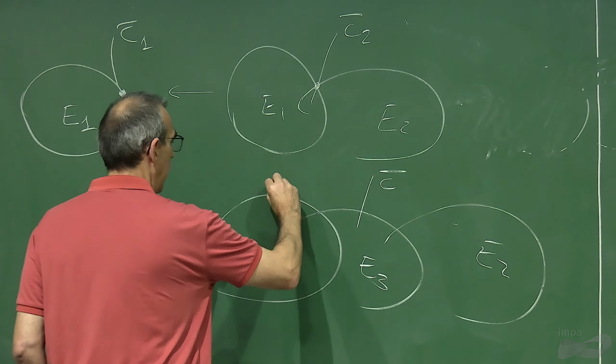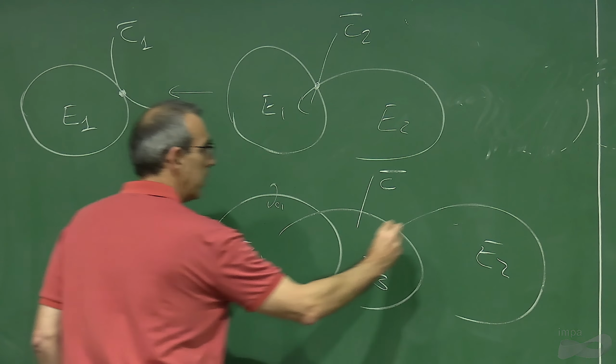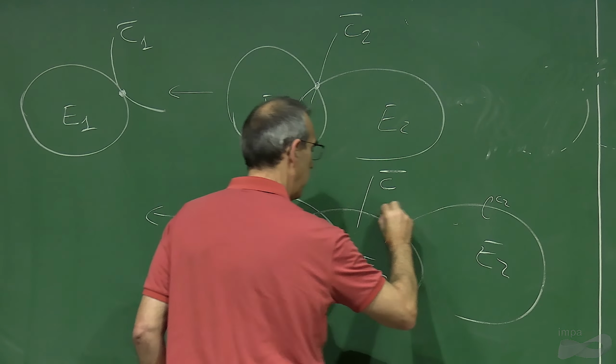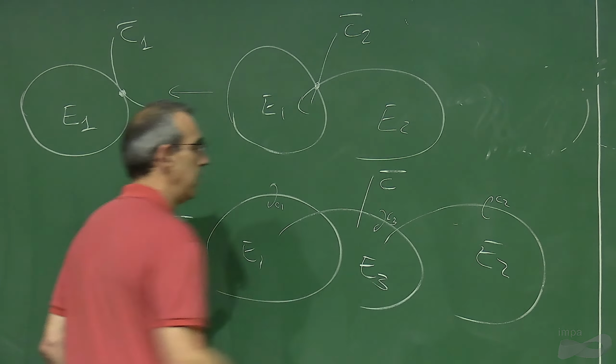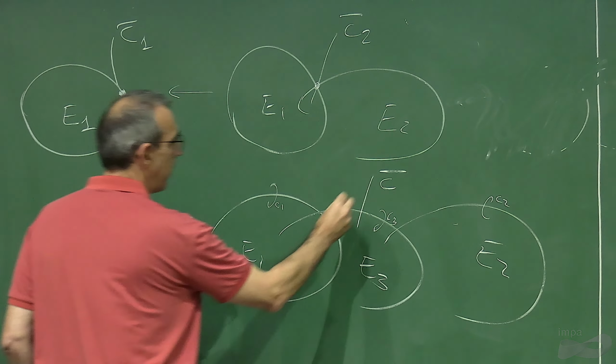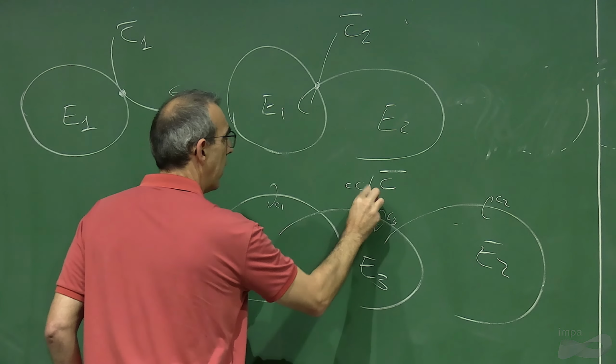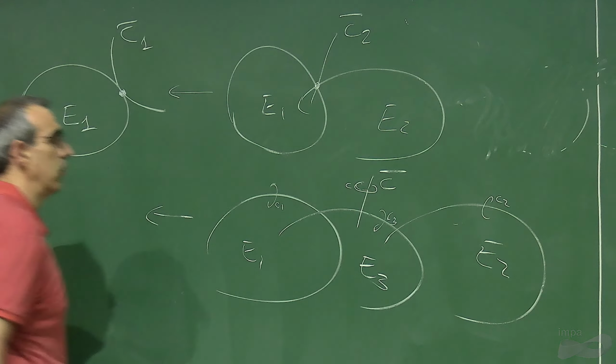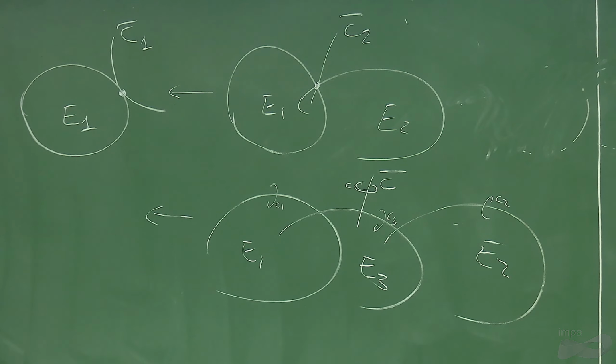And here we have C1, C2, C3, cycles around the irreducible components of the exceptional divisor, and here you have a cycle around the strict transform.